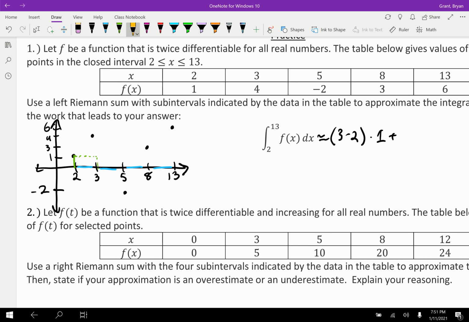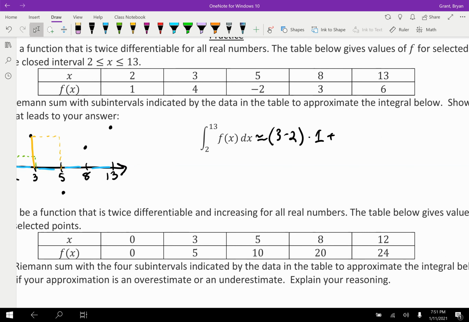So second rectangle, left Riemann, draw up, and then over. This one has a base of 5 minus 3, and then a height of this y value here, which is 4. So this one was 1.